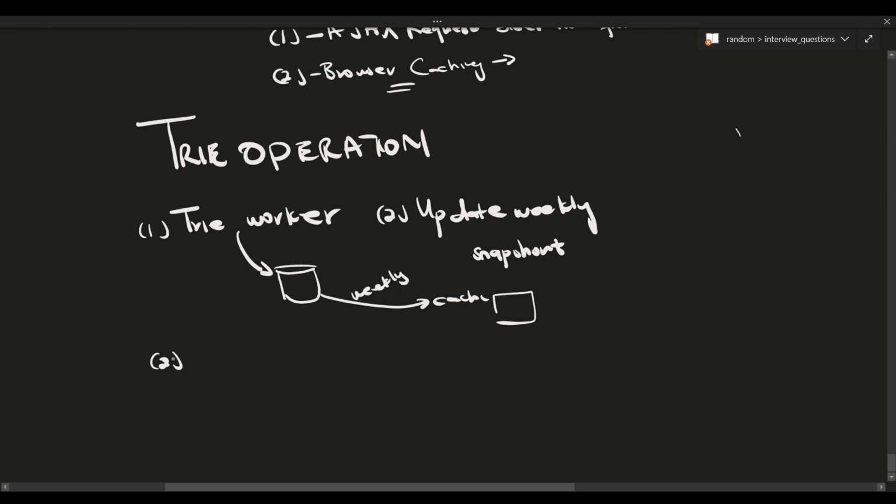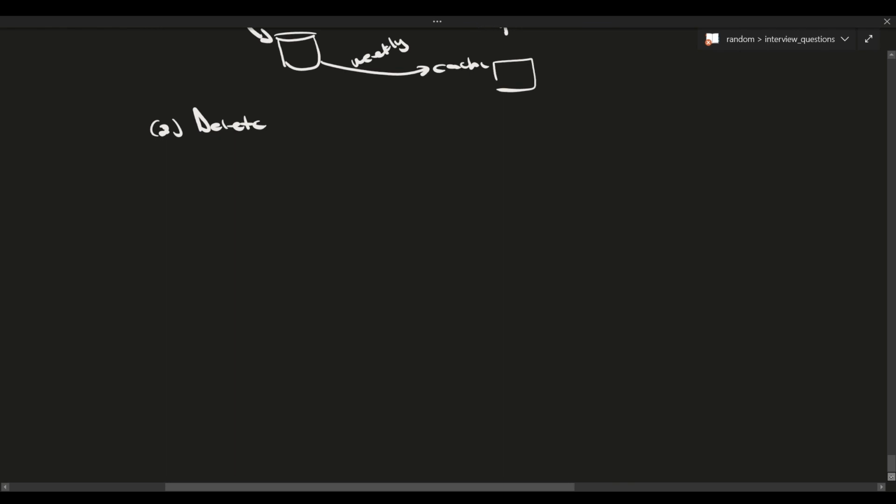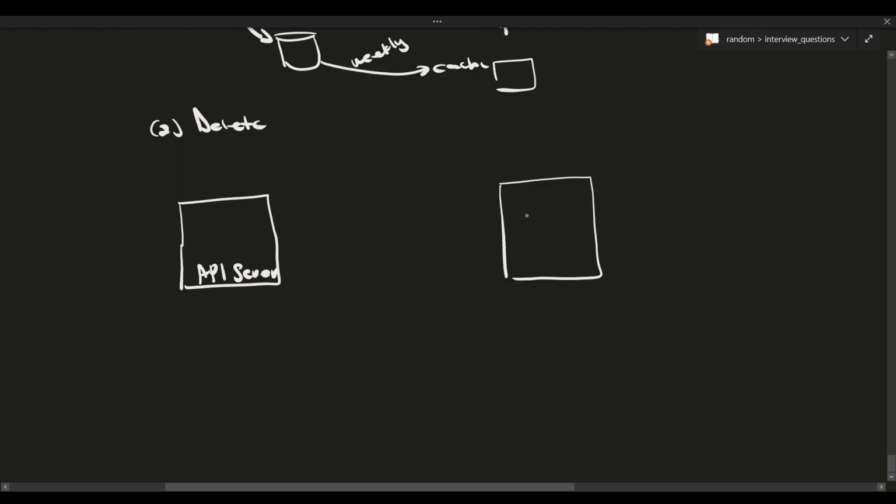Then what's next? We can talk about the deletion as well. One thing that we need to talk about is the words which are harmful. I don't know if that's the right word, but the words which are not accepted. If we have our API server here, there are certain words that we want to filter from the trie cache. So if we have our trie cache here, we can have a filter layer.